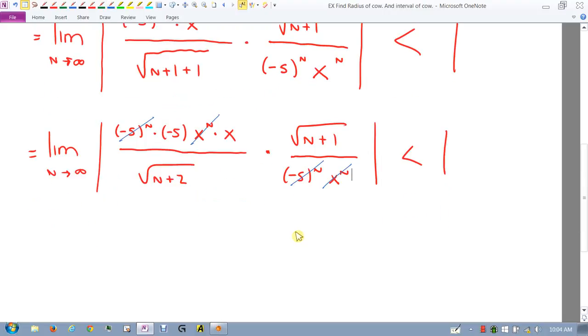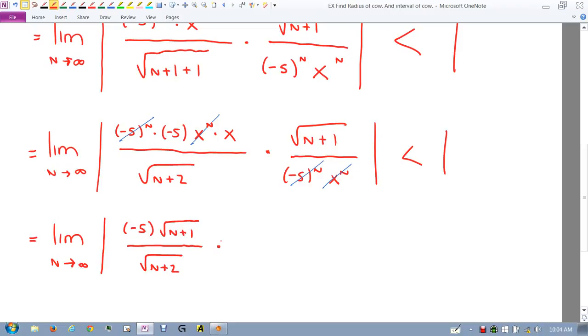Now, the standard practice here is to put all your n stuff together on one side and your x stuff together on the right side inside that absolute value. So that's what I'm about to do now. Limit as n goes to infinity, we have negative 5 times root n plus 1 over root n plus 2, times, now what x stuff was left?